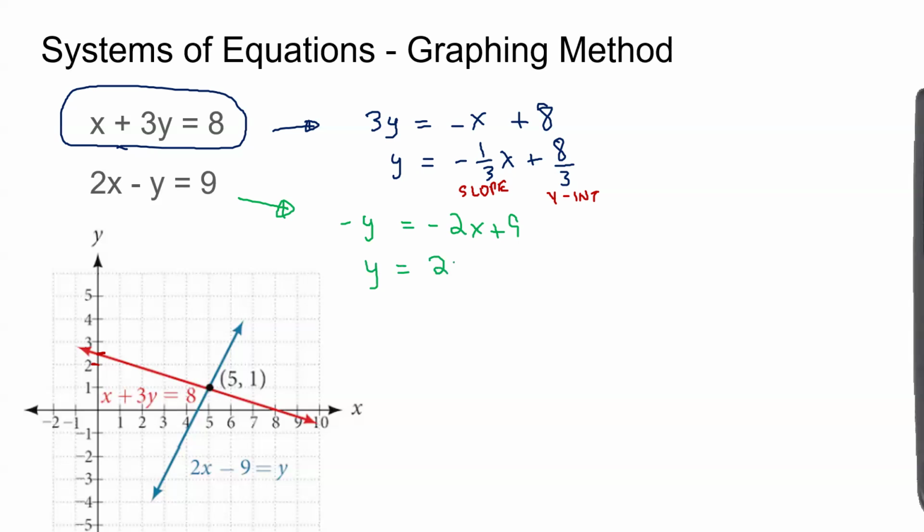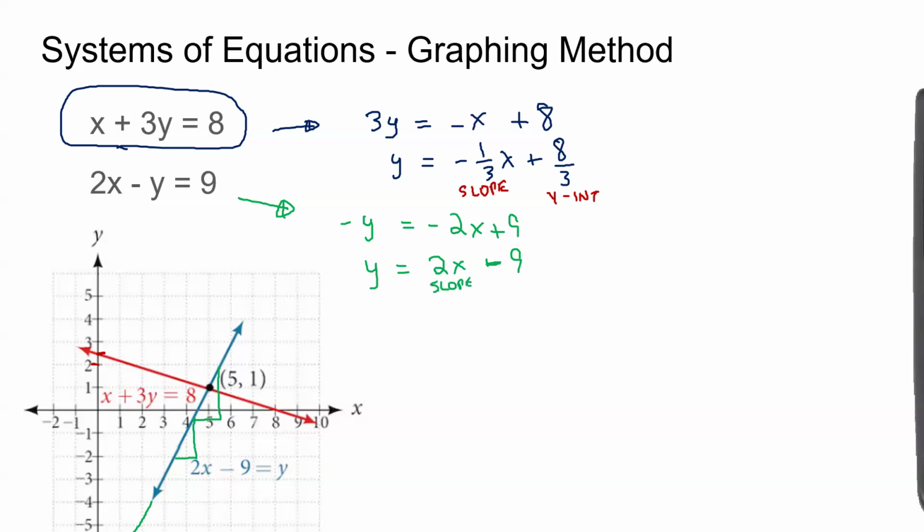You'd get y equals positive 2x minus 9, like so. And you can see that's the blue line here that you have. If you trace this on down, the y-intercept would be down there at -9, and then it's going up 1, I'm sorry, over 1 up 2, over 1 up 2, and I've got that slope right there.